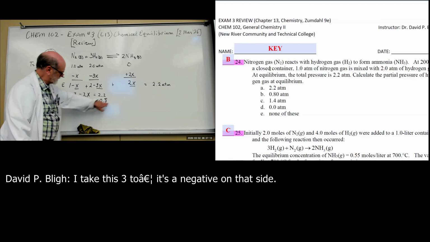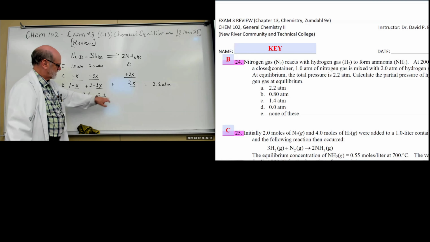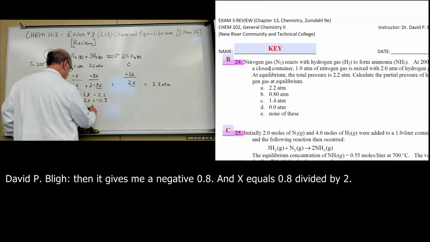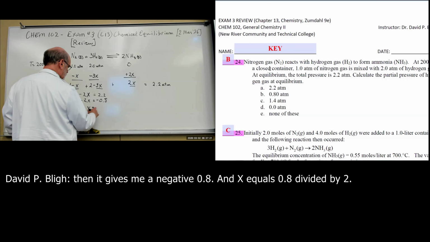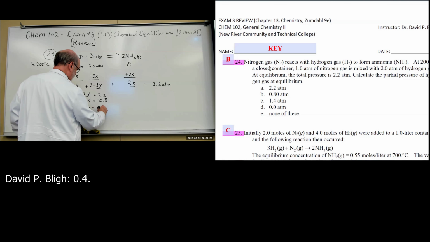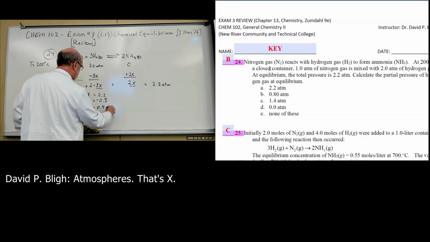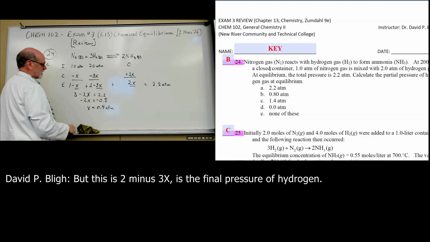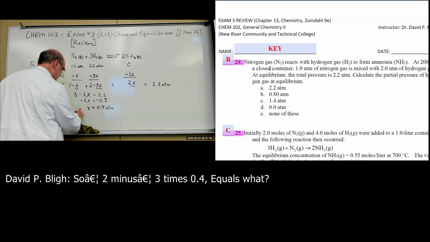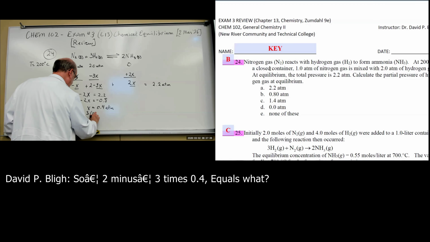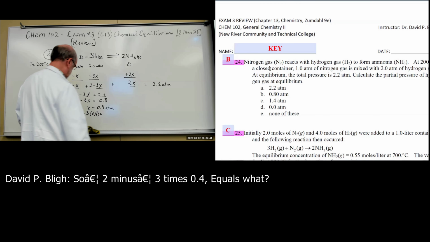If I take this 3 to the other side, it's a negative, then it gives me a negative 0.8. And X equals 0.8 divided by 2, because the negatives cancel. 0.4 atmospheres. That's X. But 2 minus 3X is the final pressure of hydrogen. So 2 minus 3 times 0.4 equals what?